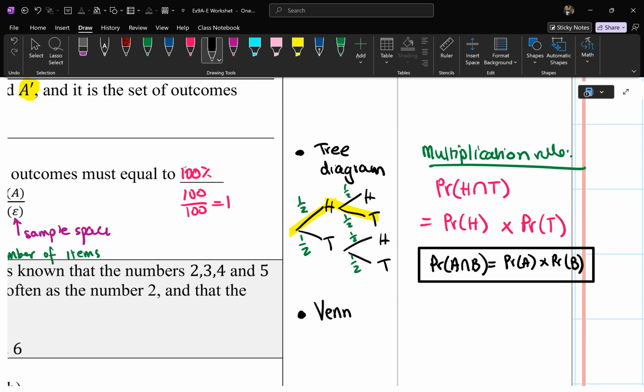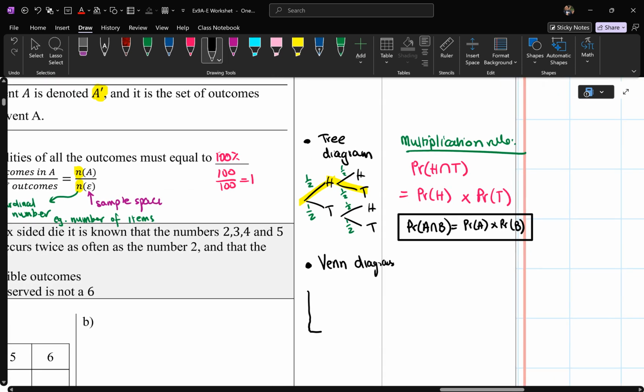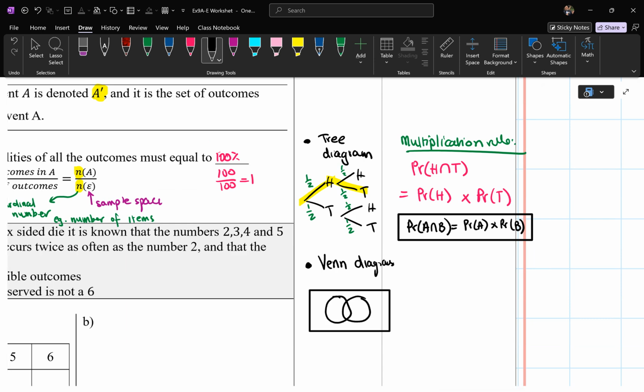Venn diagrams. You learnt back in year 9, Venn diagrams have 4 significant regions.